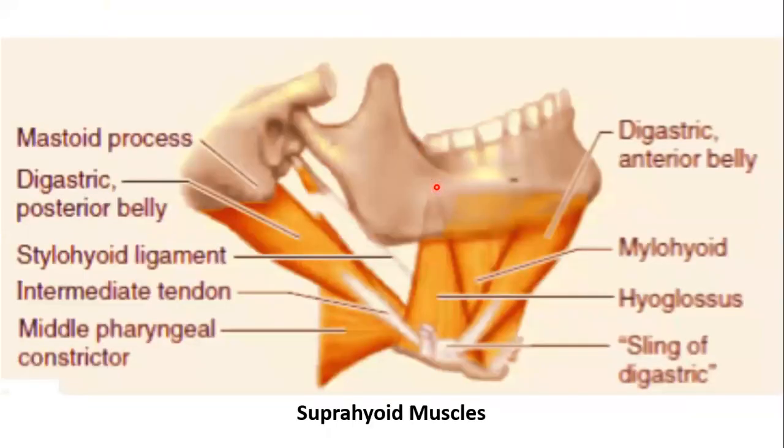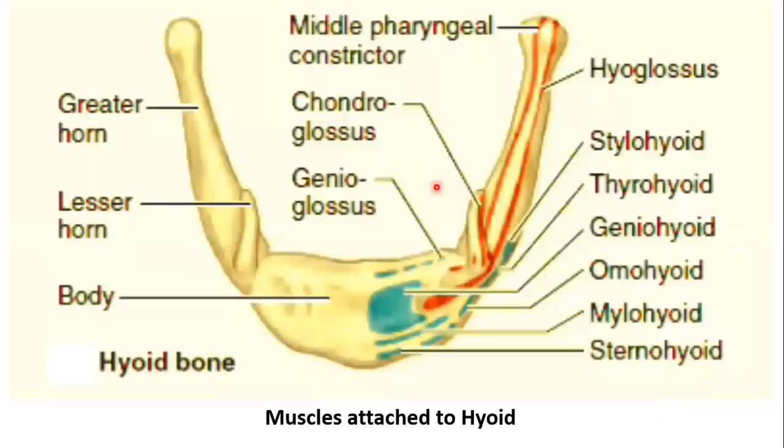You can see the hyoid bone in the picture, and here is the mylohyoid, inserted into the body of the hyoid.